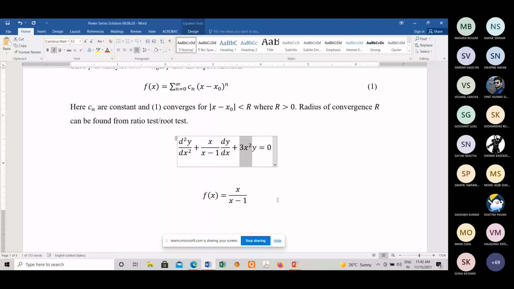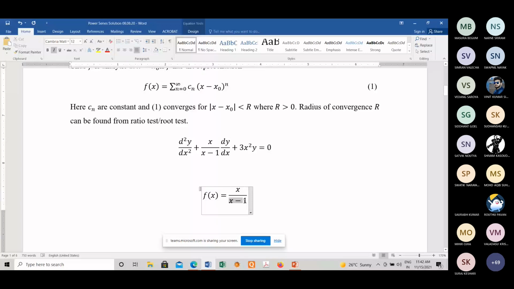So these are analytic. So where is the problem? If we are talking about this one, then this is also a polynomial. So it means this function is analytic everywhere except x minus 1, that is x equal to 1.